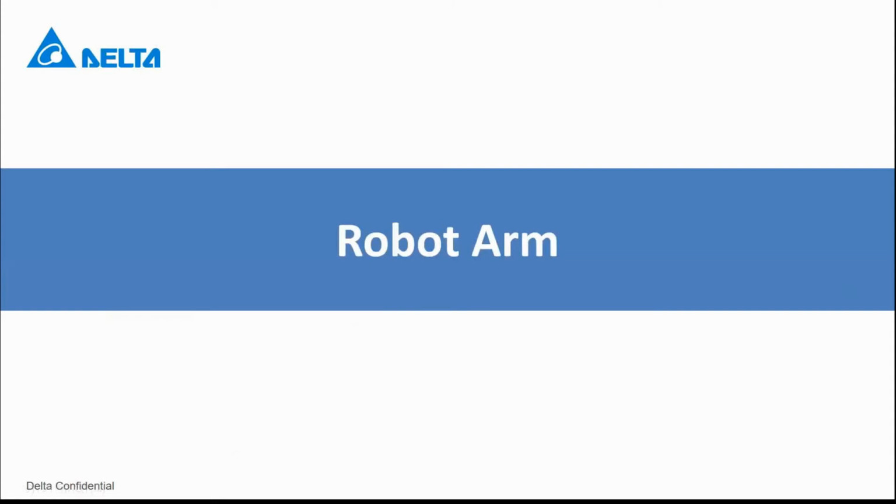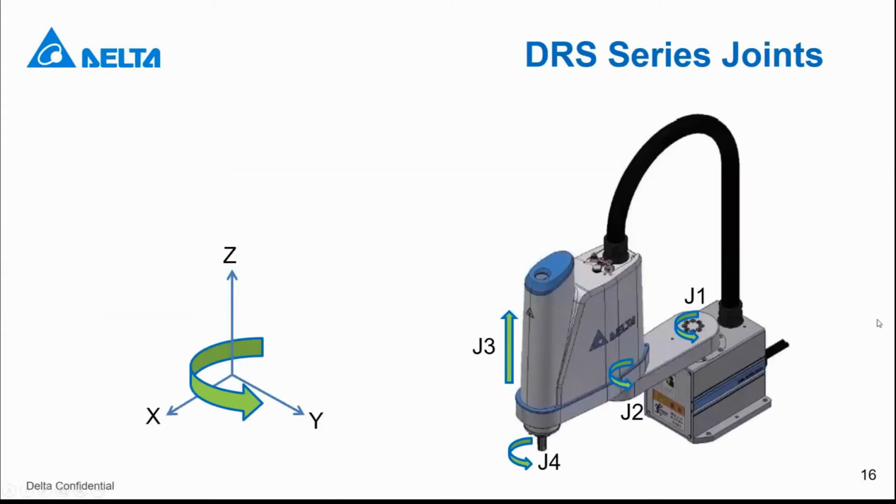It's the robot arm. In this part, I will introduce the robot arm itself. So first, this is the coordinate system in our robots. We have this normal coordinate system with X, Y, and Z directions.